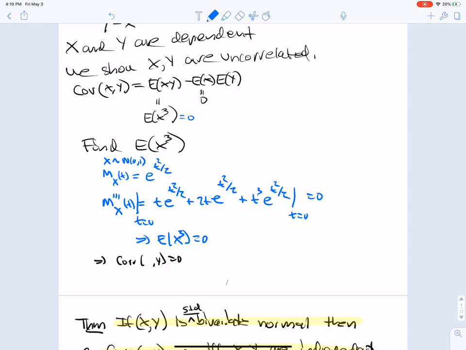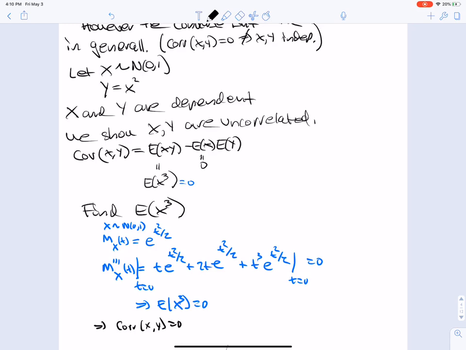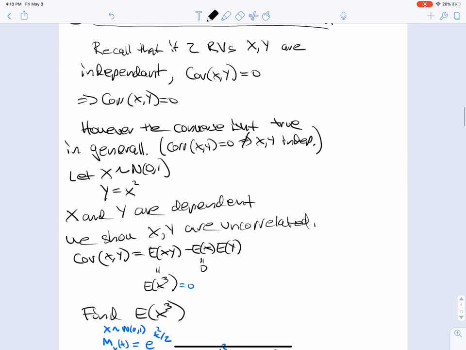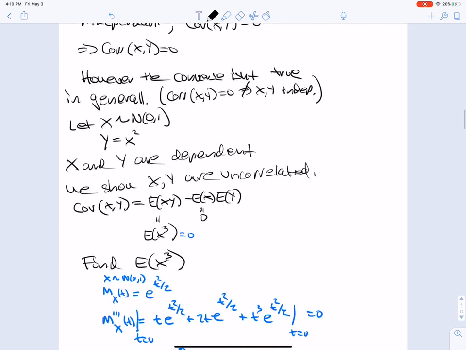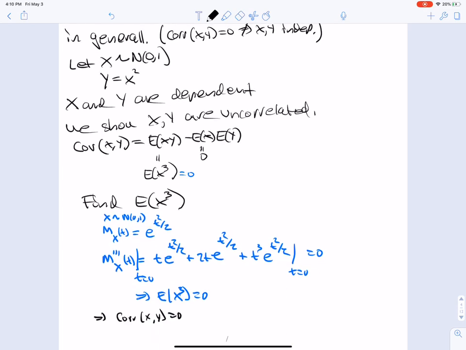So what we see from this is that you can have correlation of XY being 0 while XY is dependent.